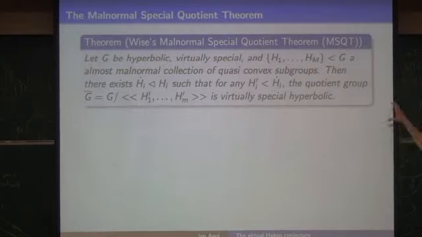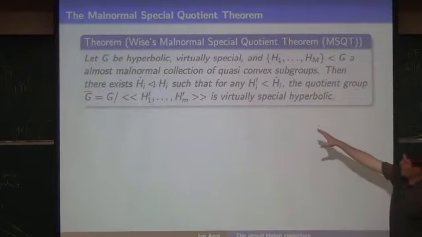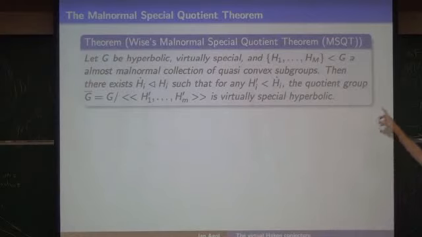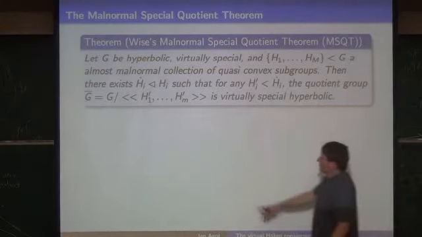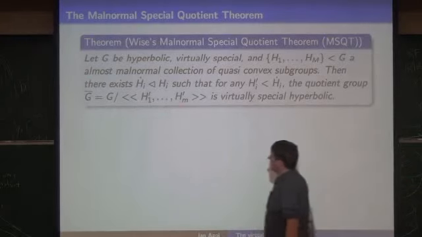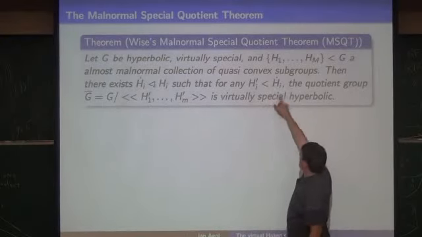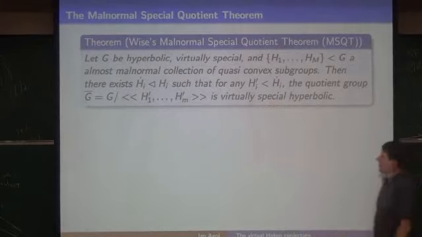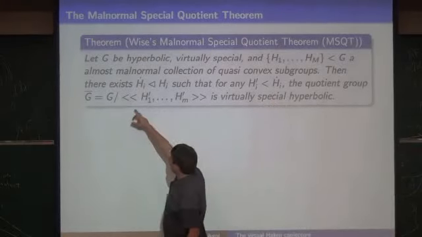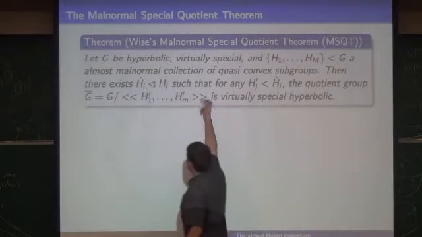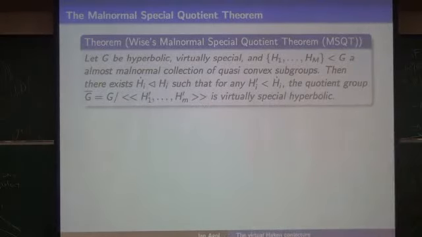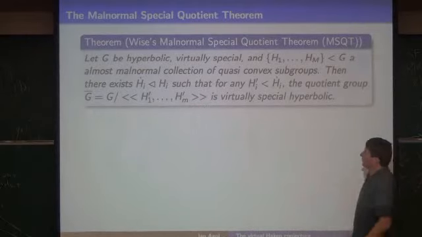Wise's malnormal special quotient theorem is a little bit technical to state, but it says that if you have a hyperbolic group which is hyperbolic relative to a collection of subgroups H1 through HM that is a malnormal collection of quasi-convex subgroups, then there are finite index subgroups HI dot normal in HI so that for any HI prime in HI dot, the quotient group G bar, which is G where I kill off, by these double brackets I mean take the normal subgroup generated by that collection of subgroups, is a virtually special hyperbolic group.